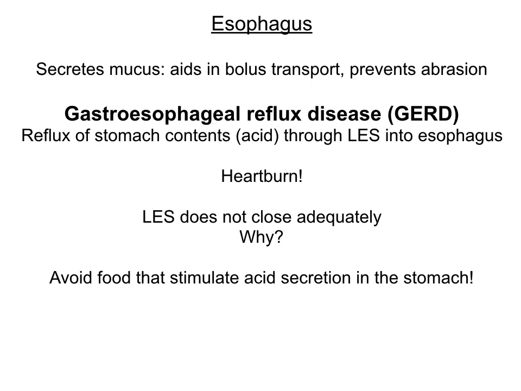Now, this leakage is because the LES doesn't close adequately. And there are a lot of different reasons for why that might happen. For example, alcohol and smoking both relax the lower esophageal sphincter, so it causes it to open up, allowing more easy reflux of contents.